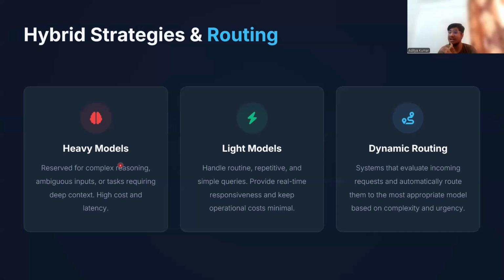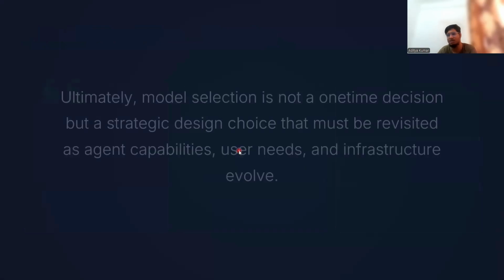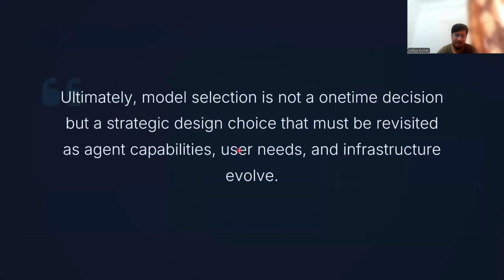You can use a lightweight model and a heavyweight model, and you can assign a router that will call the appropriate model. If there is a very complex task, then you can call the heavy models, for example our GPT class models. And if the task is very easy, then you can choose light models like Llama 3.1, which is the 8 billion parameter one.